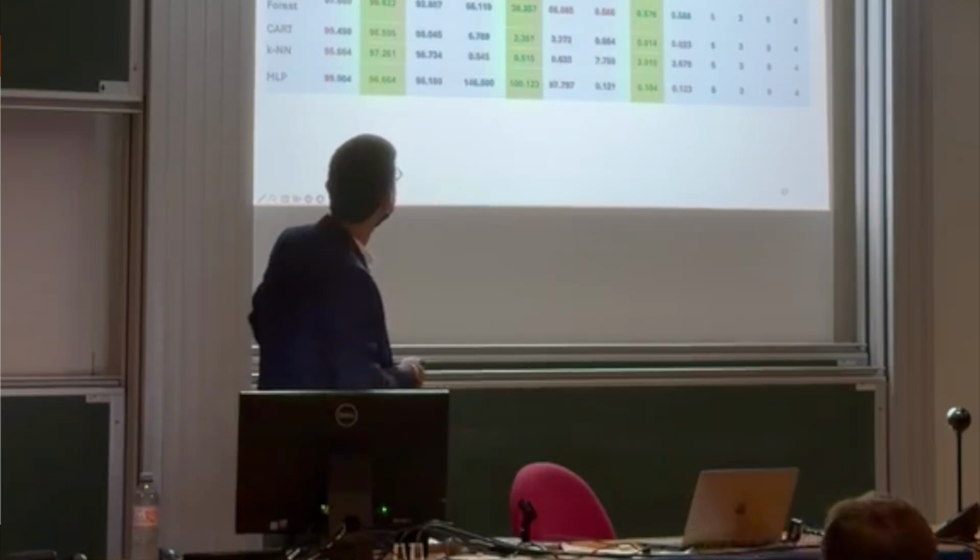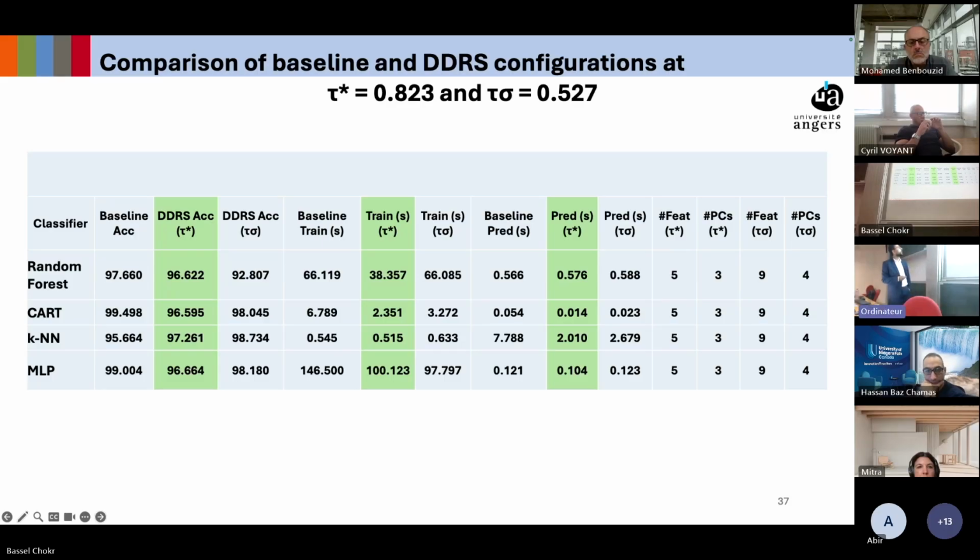And we compared our results, finding how at T star for random forest and for the other classifiers, we are getting a very good result in comparison with the others. We are not saying that it is performing better, but at the same time, it is much less complex with only 3 principal components being used.